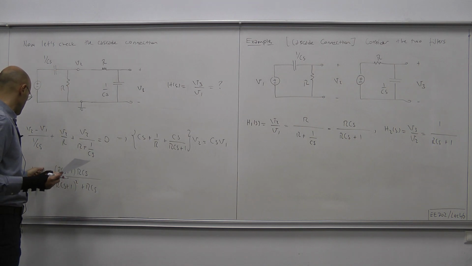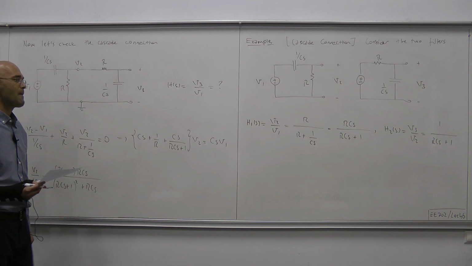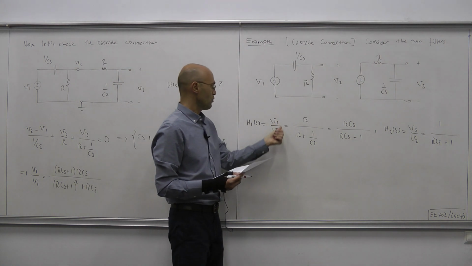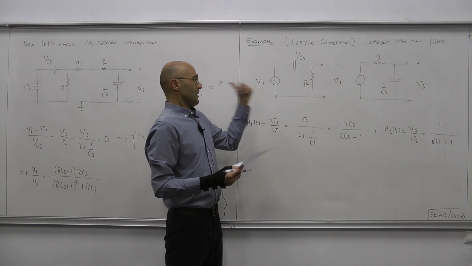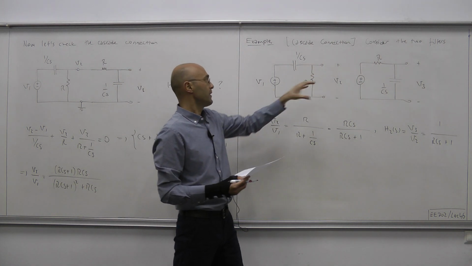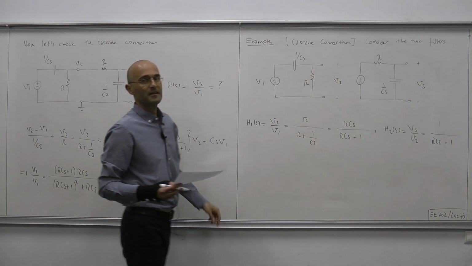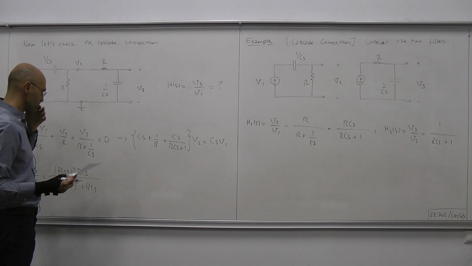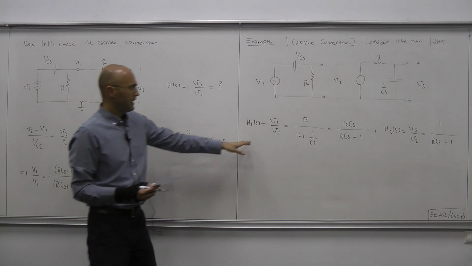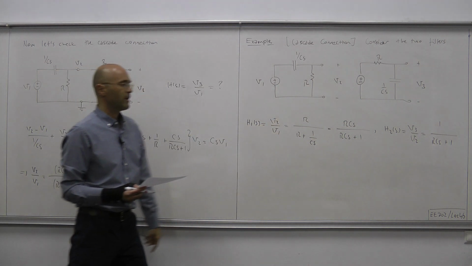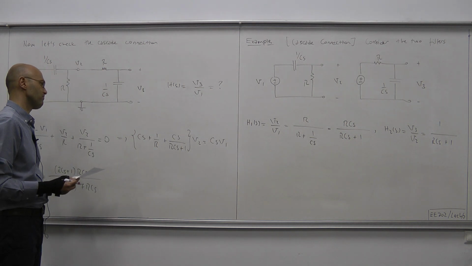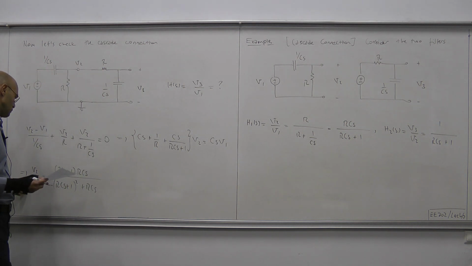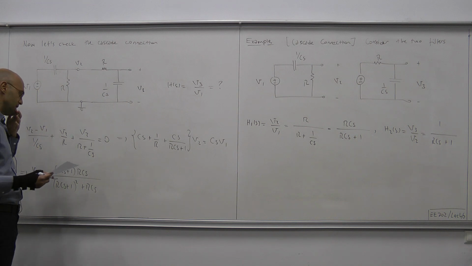Okay, now here we have the ratio V2 to V1, and then here we have the ratio V2 to V1 for the initial circuit where the two circuits are disconnected, and in this case they are connected. Now clearly H1 of S, the ratio V2 over V1, is not equal to the ratio in the cascaded circuit.